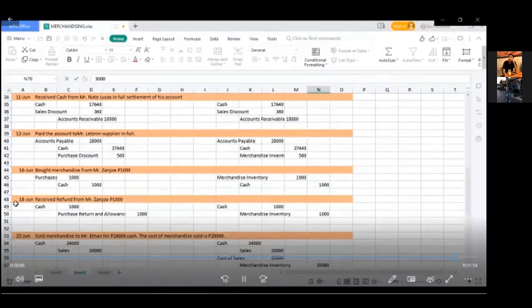Kapag perpetual naman, ang magiging formula is sales less sales return and allowances, sales discount, equals net sales and less cost of goods sold.